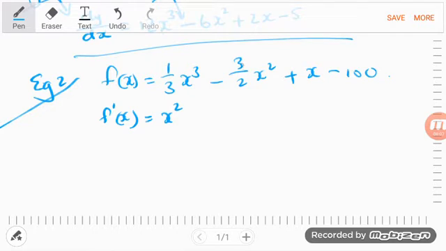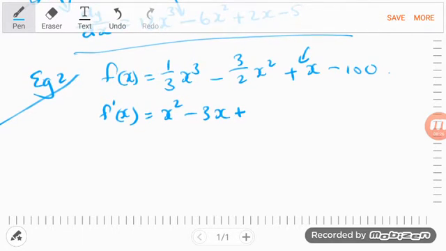So we've got 3 halves times 2 is going to give us 3, but it's a negative, so it's going to be negative 3x to the power of 2 minus 1, so that must make it 1, or just 3x, plus, now don't forget, in algebra, we don't always write the 1 in front of our variable. So 1 times x is just x, 1 times anything is just itself. So we've got plus 1 here.